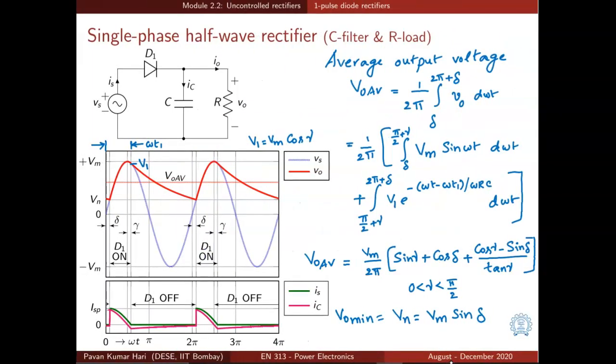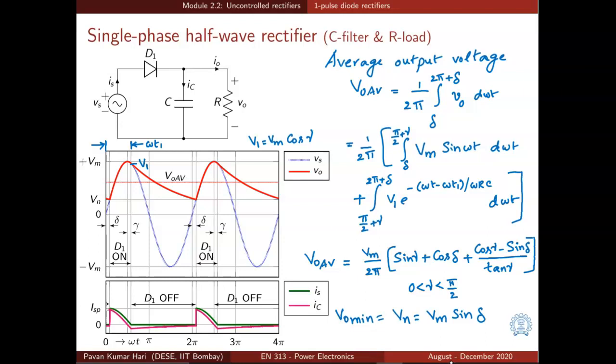Once we know delta and gamma, we can calculate the average output voltage. And how do you calculate that? Vo average is equal to 1 by 2 pi integral from delta to 2 pi plus delta of Vo d omega t, and this integral can be split into two parts because the function has sinusoidal variation in one interval and exponential variation in the second interval.